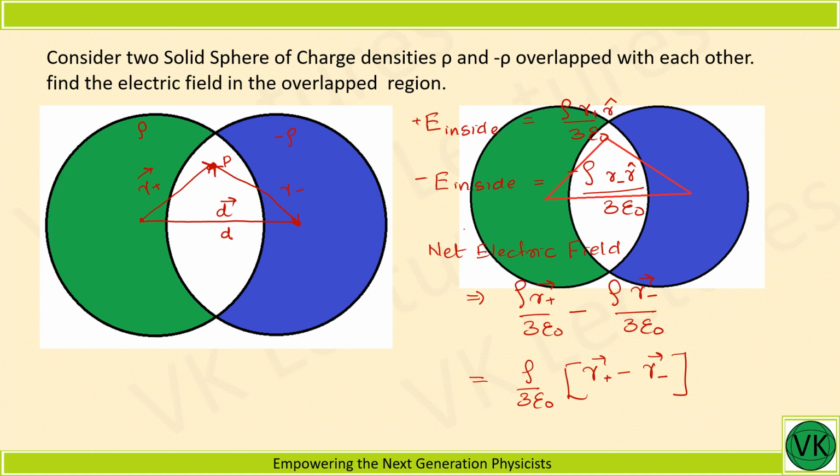This is because in a triangle, if the first vector is r1 and r2 is in this direction, then the third side of the triangle is the vector r1 minus r2. So that's equal to rho d divided by 3 epsilon naught.